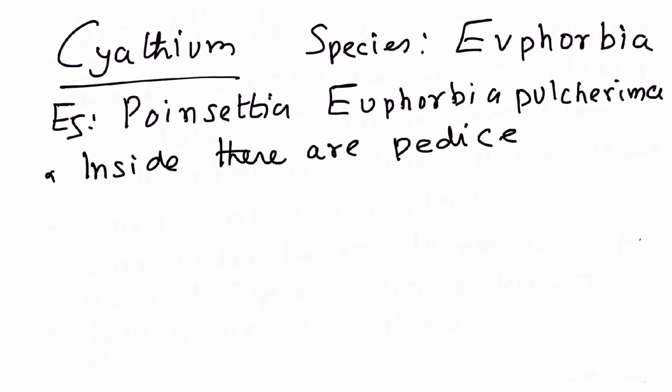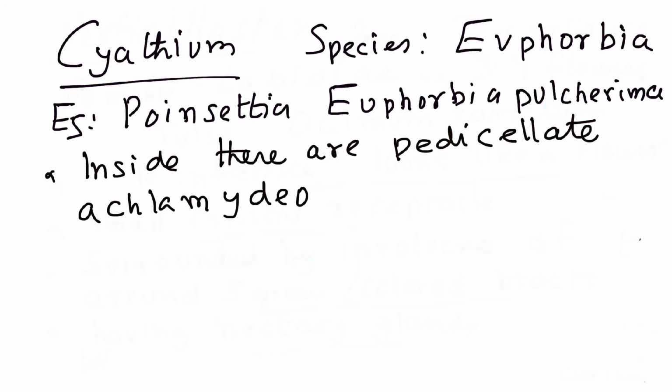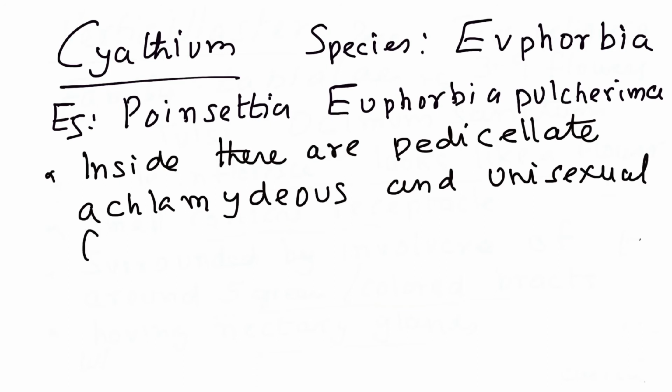Not that these flowers are pedicellate, that means they have a stalk. Achlamydeous means that in the flowers there's no development of the corolla and the calyx. So that's a very important point. Corolla and calyx are absent in this kind of flowers. So Cyathium is characterized by the presence of pedicellate, achlamydeous and unisexual flowers.